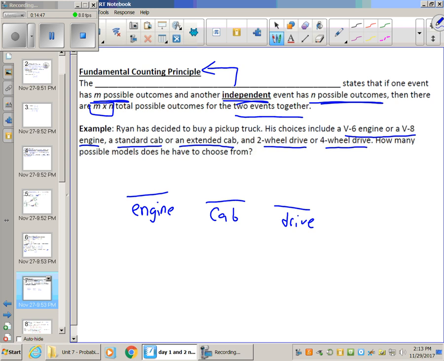The number of options he has for the engine is 2, the number of options for the cab is 2, and the number of options for the drive is 2. So the number of possible different models he can have is just 2 times 2 times 2, which is 8. There are 8 different combinations, 8 different models you can choose from.